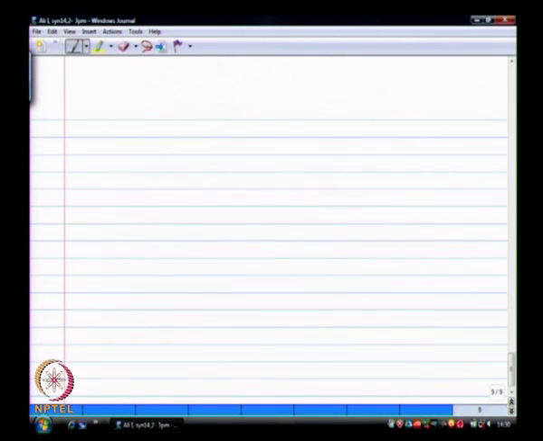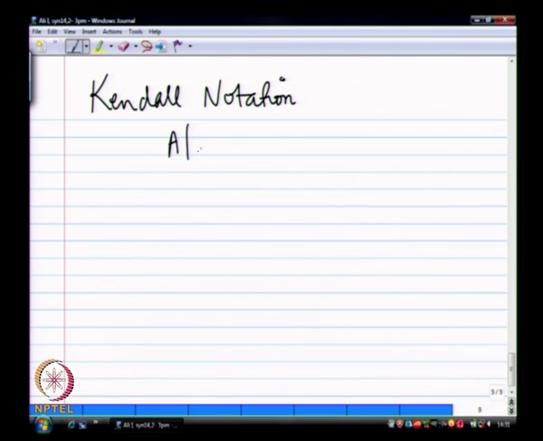Okay, so we have the so-called Kendall notation. It is arrival, service, the number of servers, buffer capacity, and then our schedule.